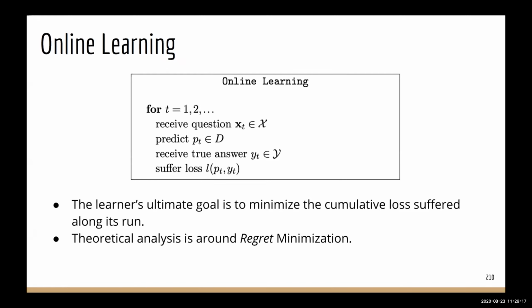So here you just think that this automated procedure is to iterate and keep minimizing the loss. And there are theoretical analyses around how good or how bad these algorithms are around regret minimization, right? So this is how we quantify how good, how bad.